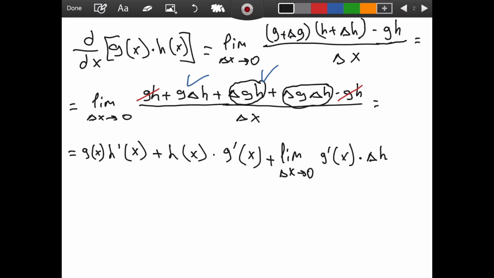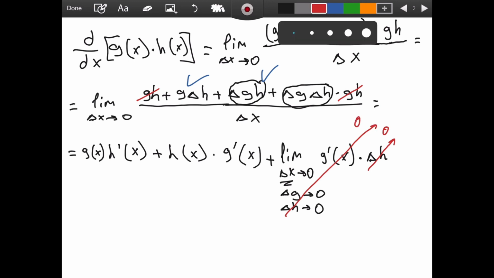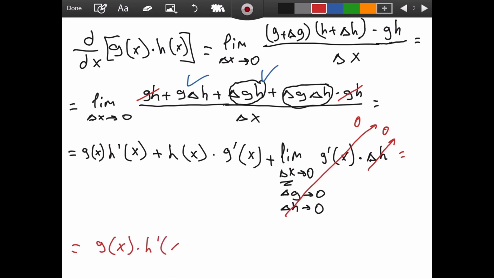The key here to understand is if you have delta x approaching 0, you also have delta g approaching 0 and delta h approaching 0. So this delta h factor goes to 0, which means the whole third term goes to 0, which leaves us with the equation that we were hoping to prove, which is g of x times h prime of x plus h of x times g prime of x.